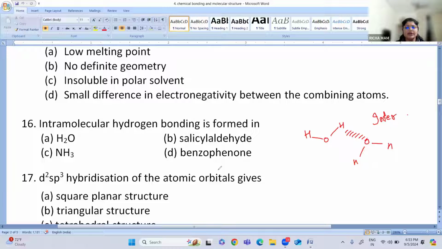Now, when you see ammonia, NH3, this is also an intermolecular hydrogen bonding. Benzophenone is also an intermolecular hydrogen bonding.